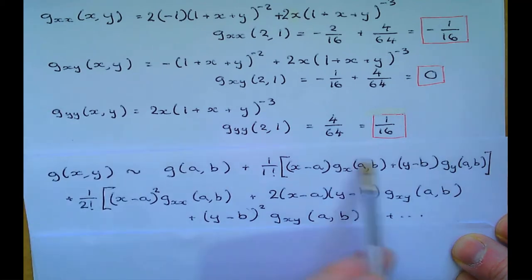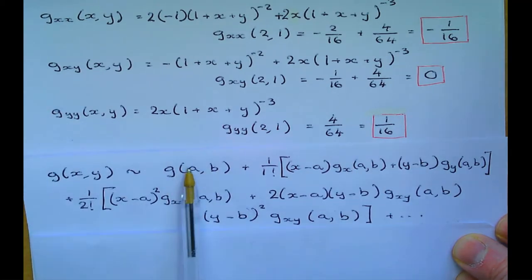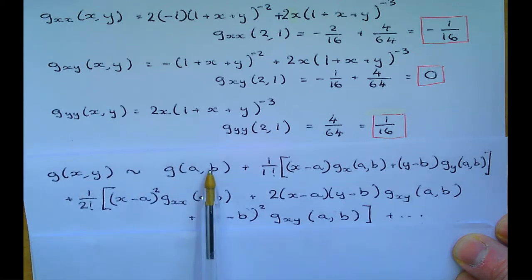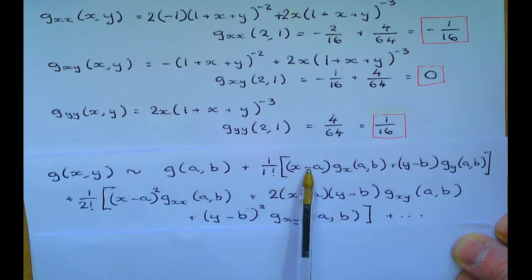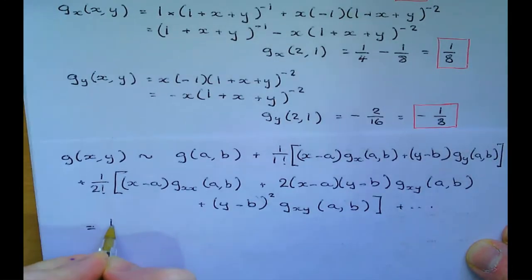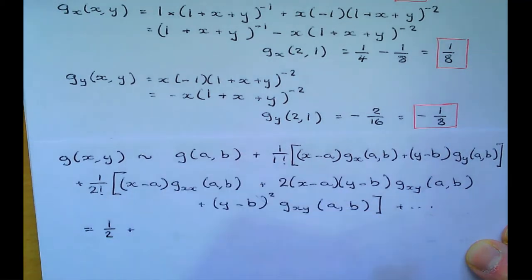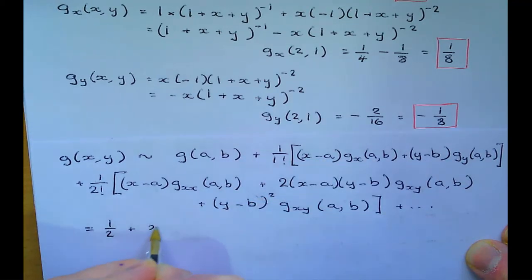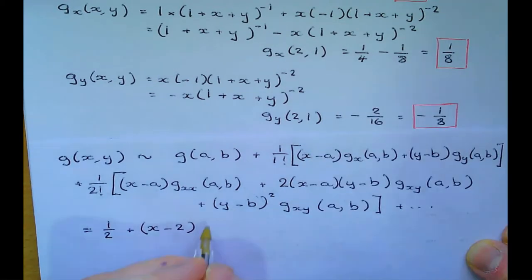Here we have our general second order Taylor series for g of x and y evaluated around g of a and b. Here a is equal to 2, b is equal to 1, so we will have powers of x minus 2 and y minus 1. So it starts off 1/2, and 1 over factorial is 1, so we have x minus 2 times 1/8.